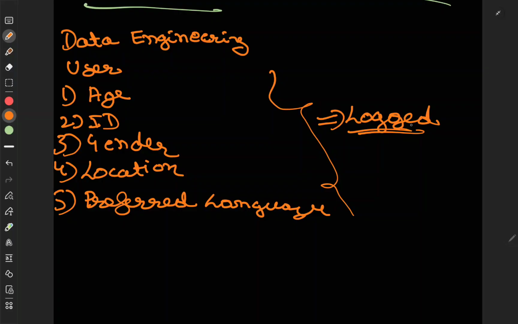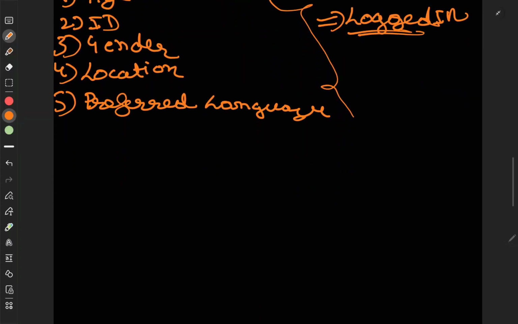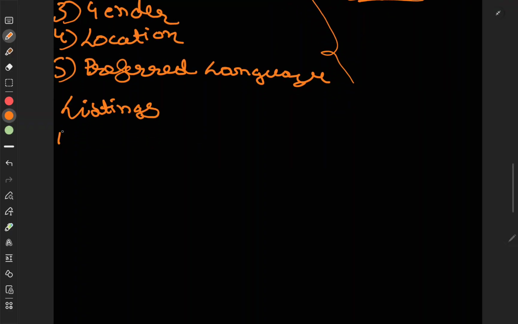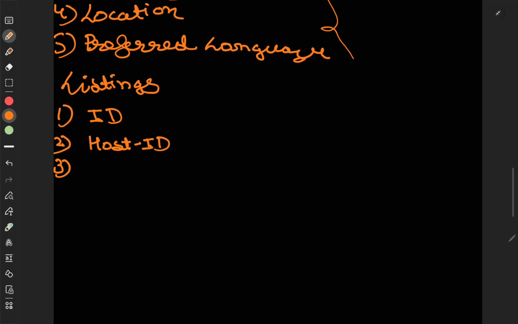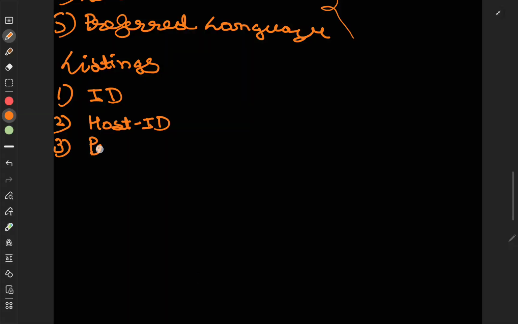Okay, next comes data related to listings. Let's think, whenever we open such kind of platforms, what data do we have? First is the ID of that particular listing. Let's say listing ID could be L123, L165, something like that. Second could be the host, who owns that particular house, so his ID. Third could be the price, that at what rate you will get that particular listing.